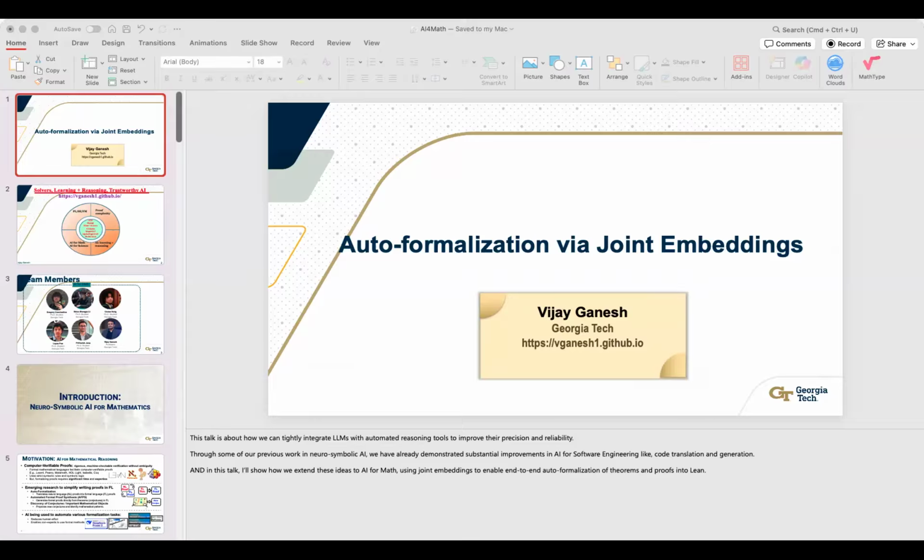Imagine you have a tool that's doing a great job auto formalizing your theorem statements, but then you say, I also want you to auto formalize the proof. These tools will immediately fail because they've never seen a proof, and they will produce a sorry, for example. So they will not work for auto-formalizing proofs.